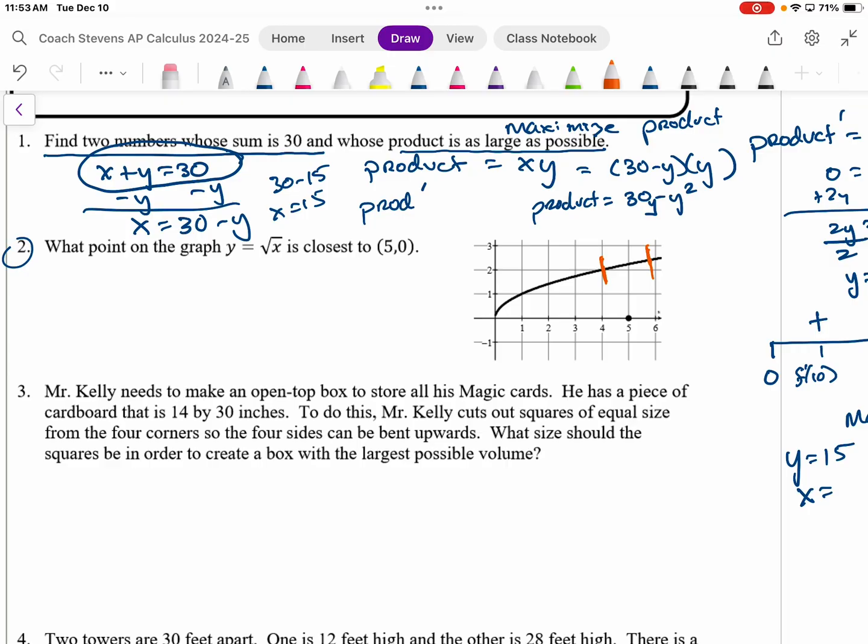We know that the origin's way too far away. And as I pass 50, I start getting further away. So somewhere in that zone, I know there's an ordered pair that is the closest on that graph to that point right there. And we want to try to figure out, well, what is it, by using calculus to help us figure that out.